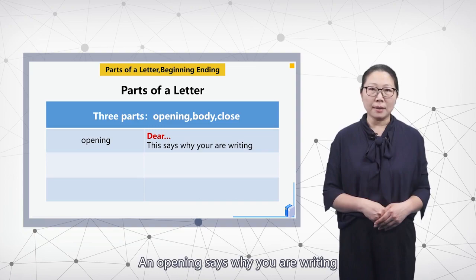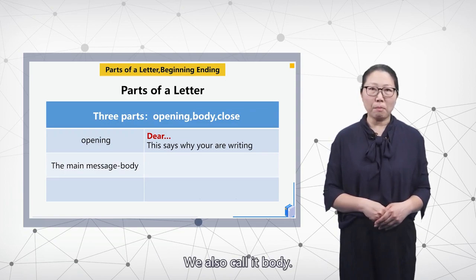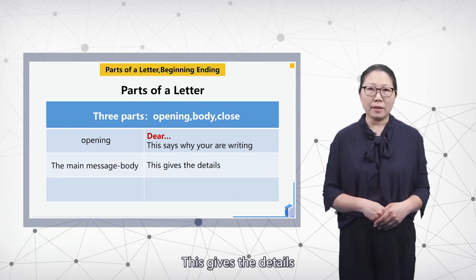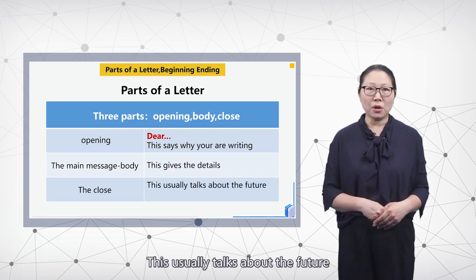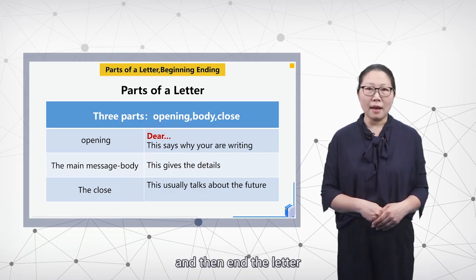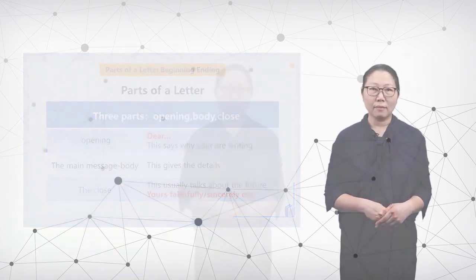An opening says why you are writing. Then we write the main message. We also call it body. This gives the details. Next is the close. This usually talks about the future and then ends the letter with Yours faithfully or Yours sincerely, and so on.